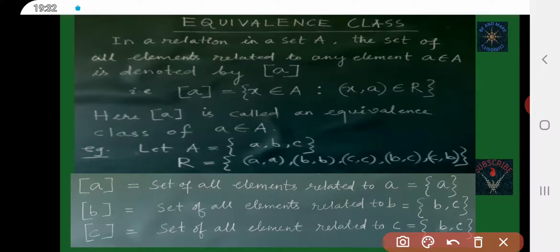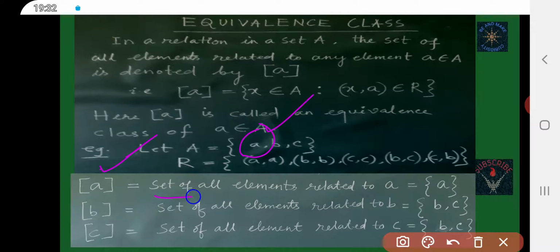For example, A contains the elements a, b, c, and R is an equivalence relation and it contains these elements. Okay, now we have to find the equivalence class of a. So the equivalence class of a is what?